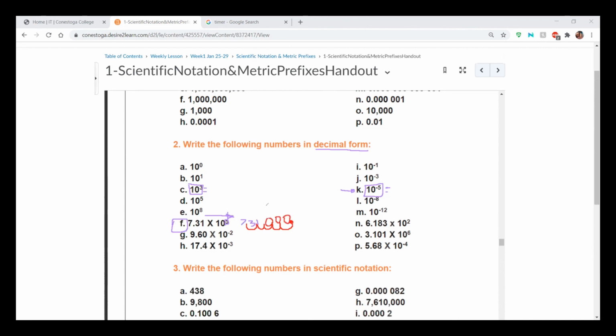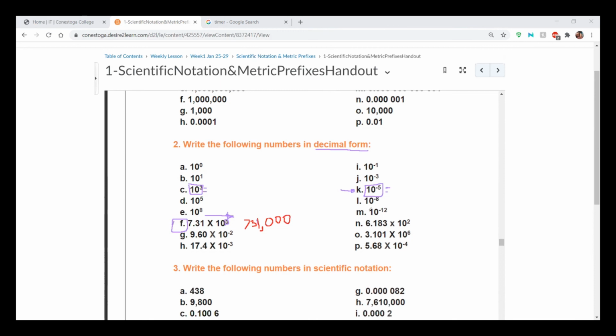So that means that 7.31 times 10 to the 5 is equal to 731,000. That's a comma, just in case, so you don't get confused. So that would be 731,000, right?